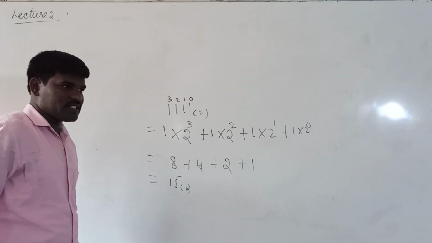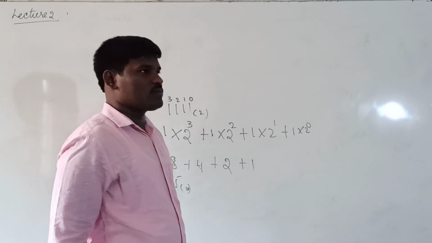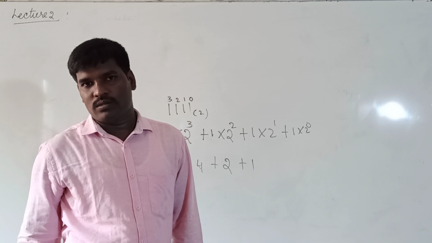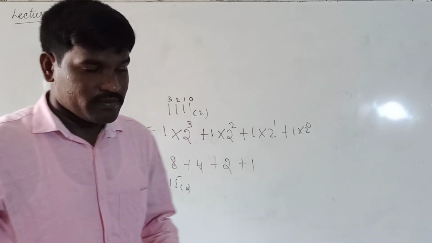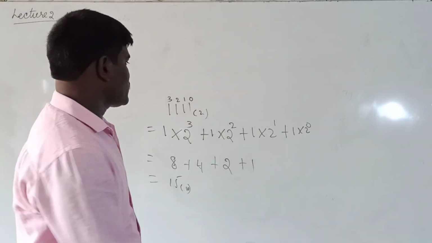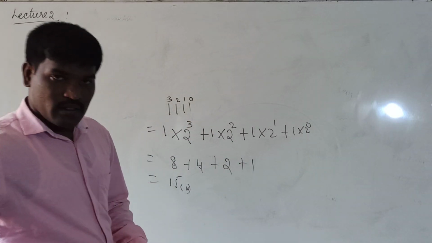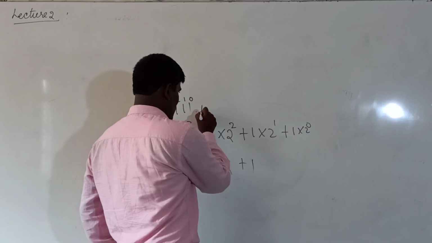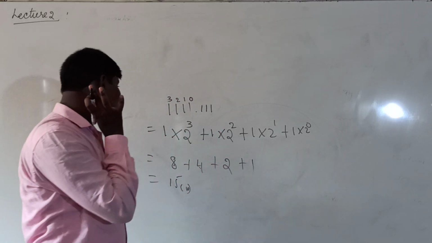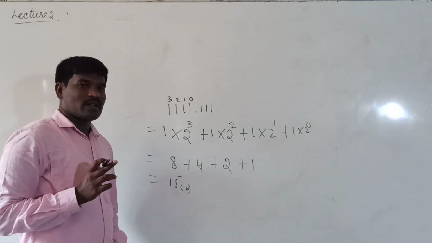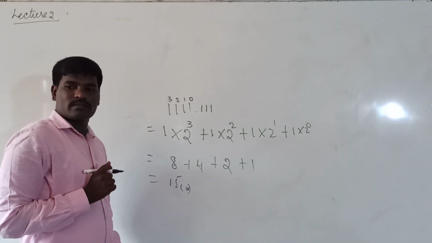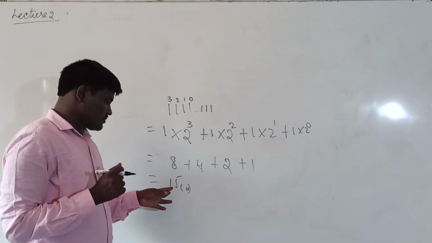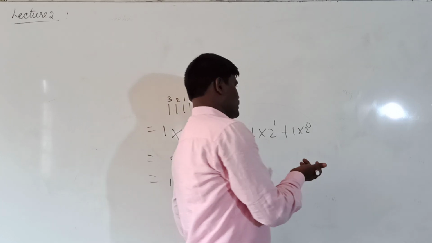If it is a fractional value, you consider the fractions and multiply with the powers of 2. Suppose the question is like this: 1111.111 base 2.